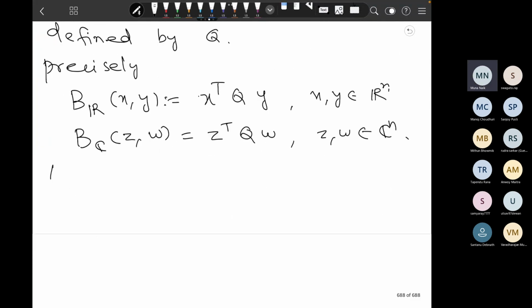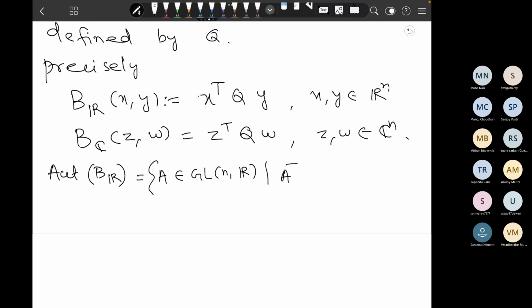Now you can look at the automorphism group of BR. This is equal to the set of A belonging to GLNR such that A transpose Q A is equal to Q.